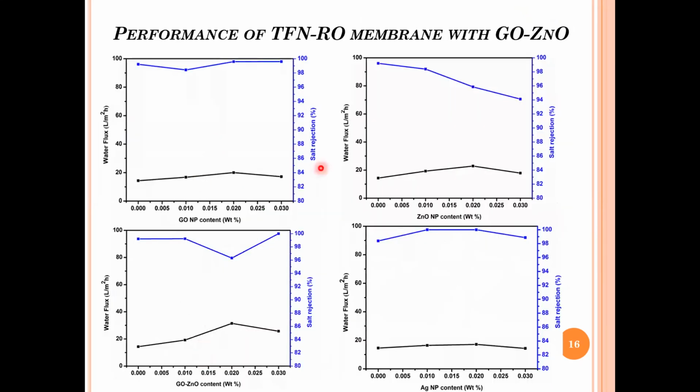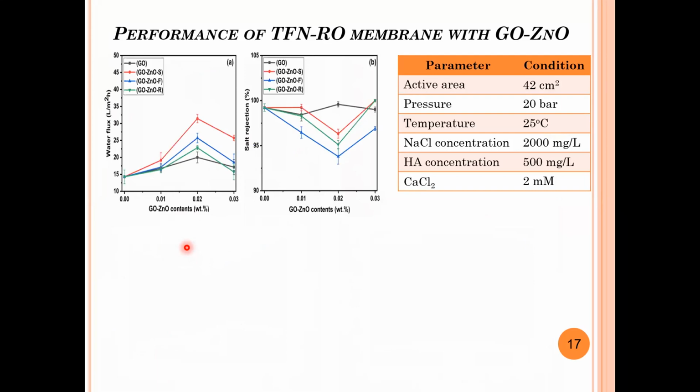And this is a comparison of the performance of the GO membrane, GO only, ZnO only, and GO ZnO. And we also added only Ag, and we have the combinations also. If you see here, the combination is really doing very good in this range of 0.01 weight percentage, and the water flux is really very high, and the salt rejection is really very good.